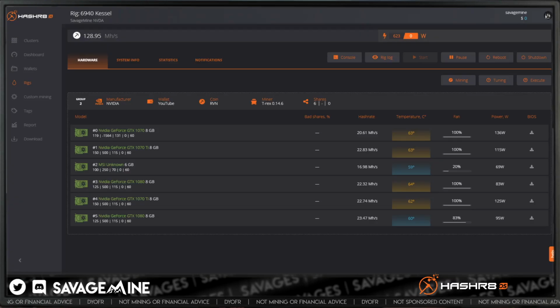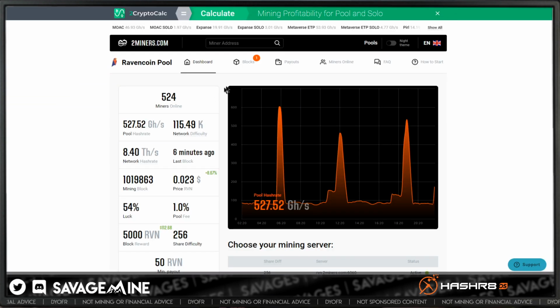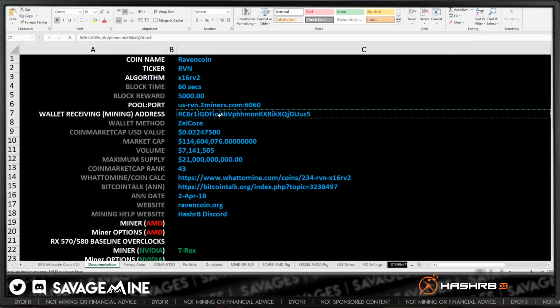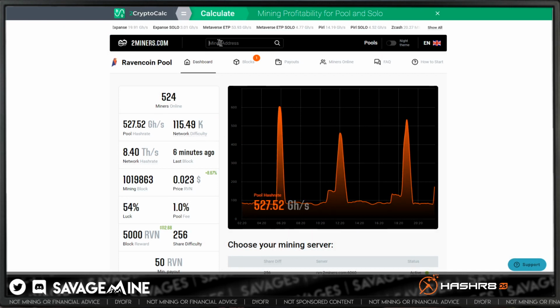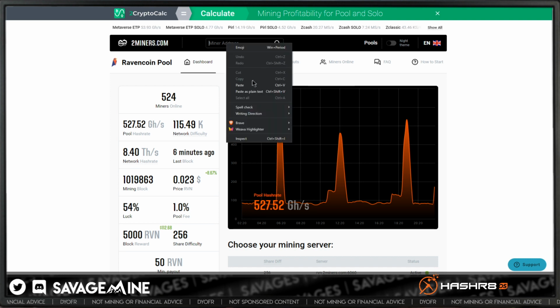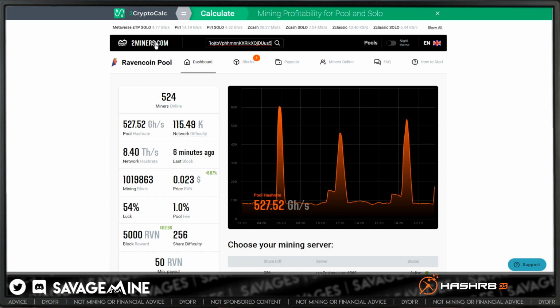We'll just play around with this for a minute, but I do want to go over here to miners, and I'll show you how to monitor on the pool. So this is pool side. Every pool is going to be different, but you're basically looking for where you can enter your miner address. Sometimes you'll have to go to the actual coin.